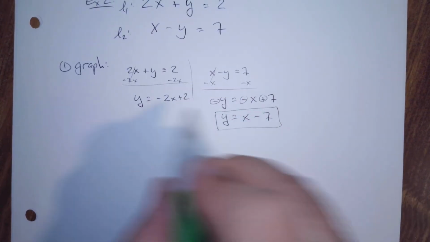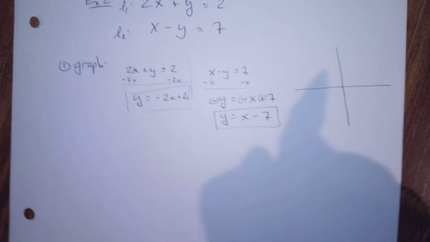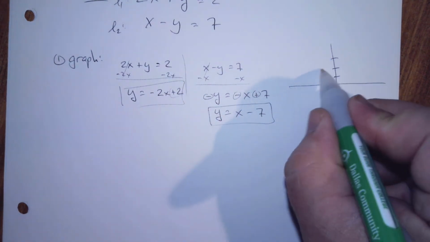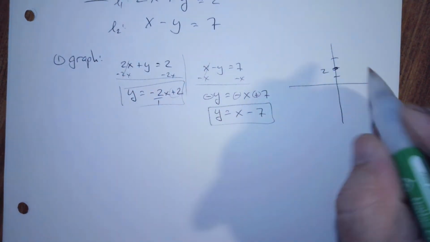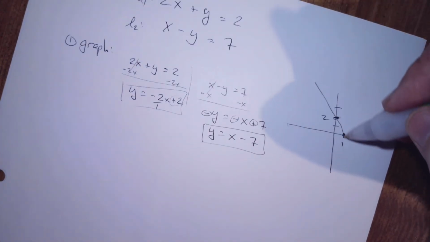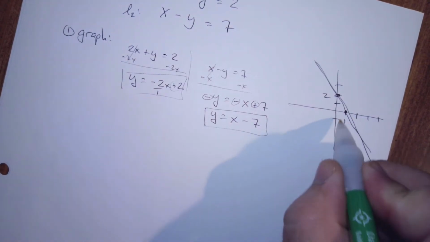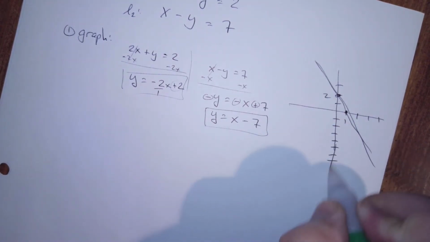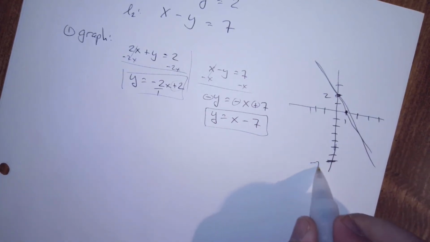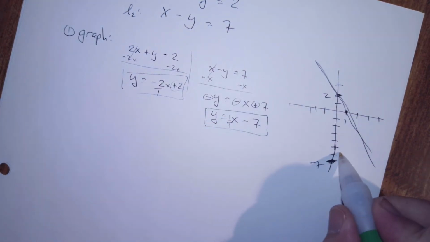So here we have our 2 lines, and we graph them. The first one crosses at 2, and the slope is down 2 over 1. So there's that graph. The other one crosses at negative 7, and the slope is 1, so it's up 1 over 1.